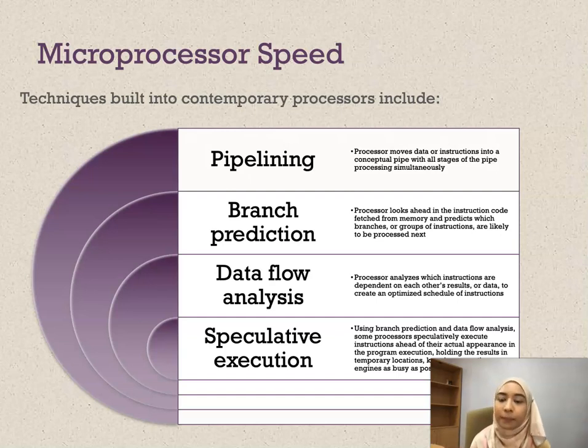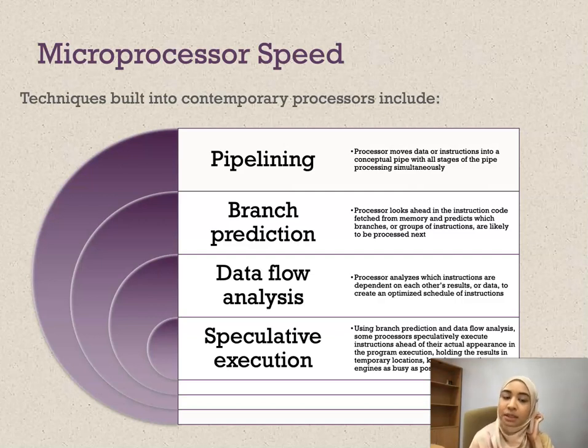Okay, so what does pipelining do? The processor moves data or instructions into a conceptual pipe with all stages of the pipe processing simultaneously. Let's just be familiar with the terms first, and then we'll talk more on this. And then we have the branch prediction, whereby the processor looks ahead in the instruction code.